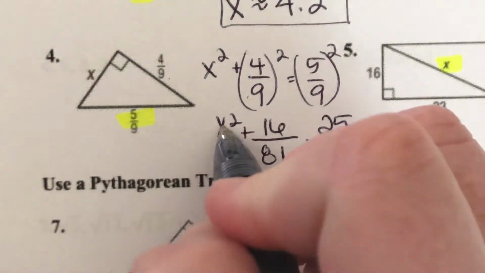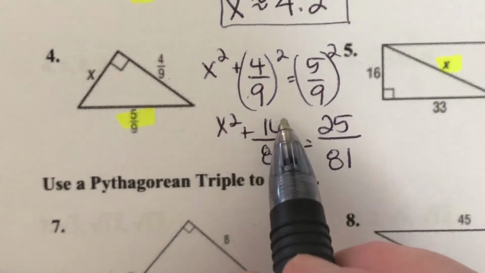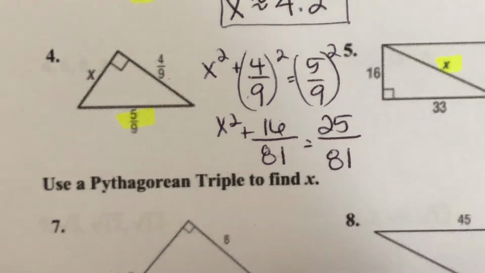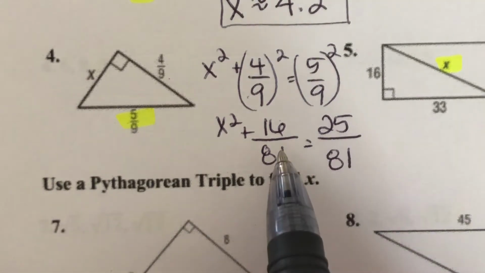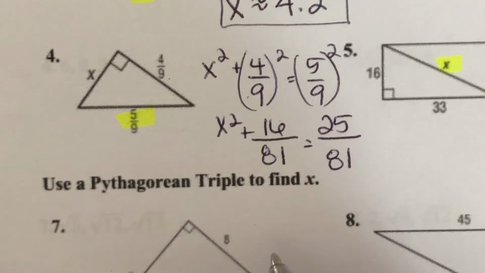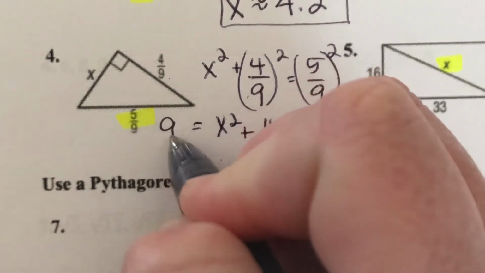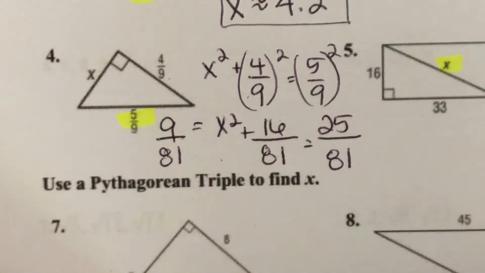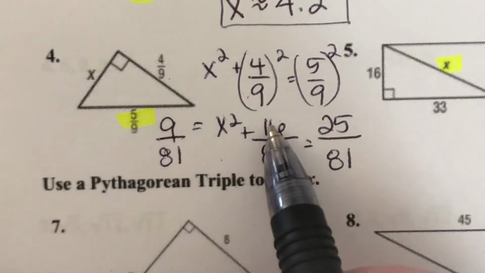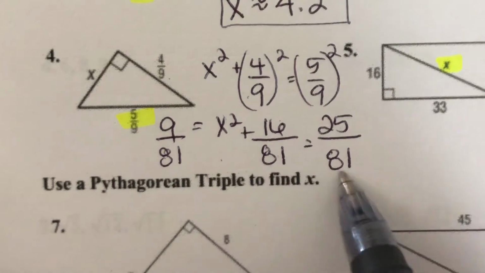So x squared over 81 plus 16 over 81 equals 25 over 81, right? x squared has to be equal to 9 over 81, because 9 plus 16 equals 25. They all have to be over 81.